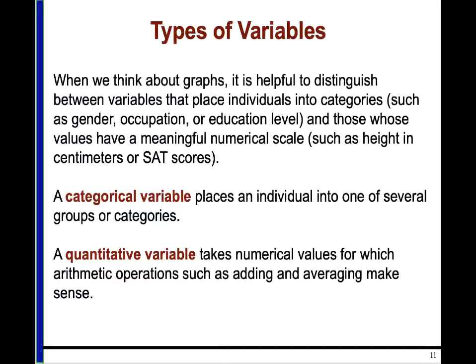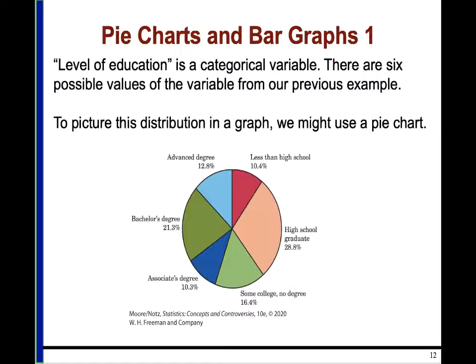When you have a categorical variable, you often will see a pie chart or a bar graph used to display that information. So we can take the data from the education table and we can turn it into a pie chart where each section represents a proportional section of the circle based on the percentage that that category takes.